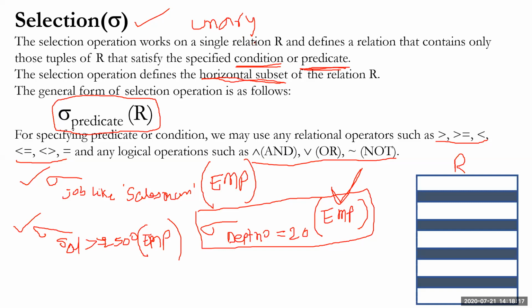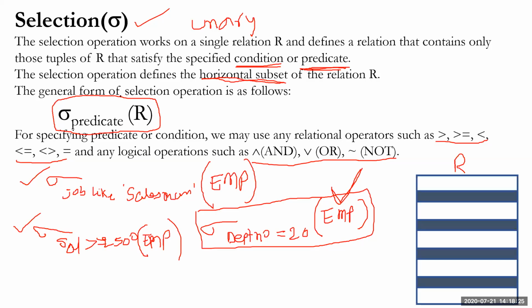Then followed by the converse operation, which will be binary. Projection. Projection means, previously selection always took some predicate and displayed complete information of some entities or rows, but the number of rows was restricted because of the predicate.